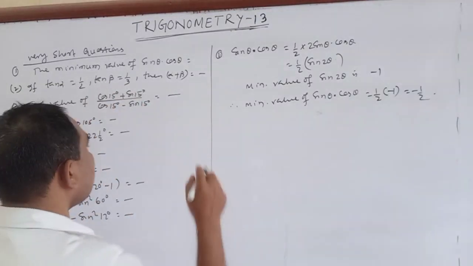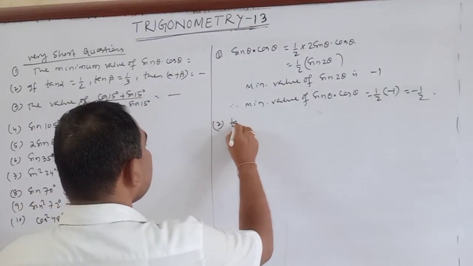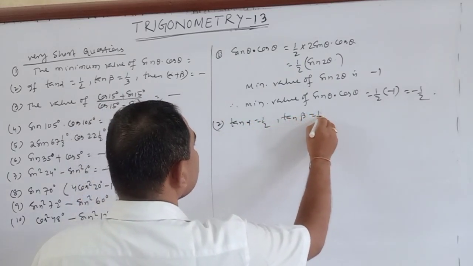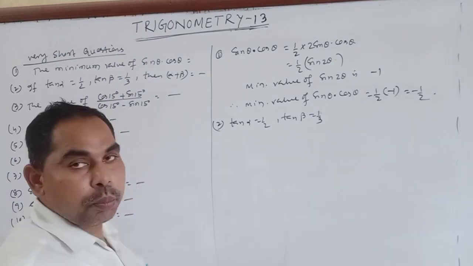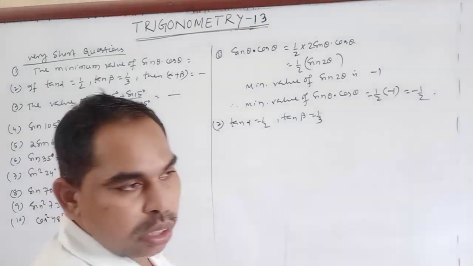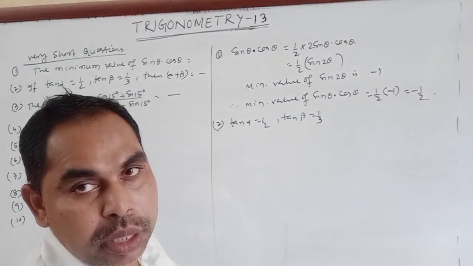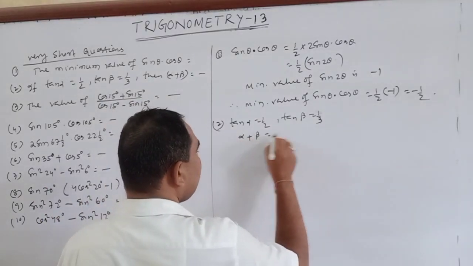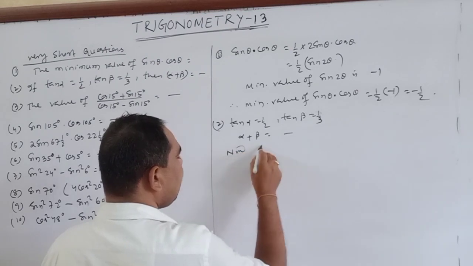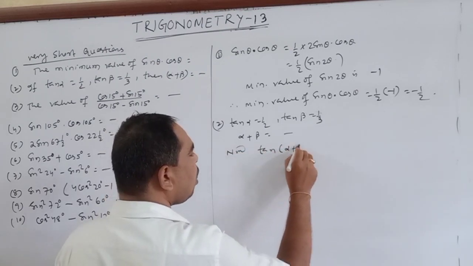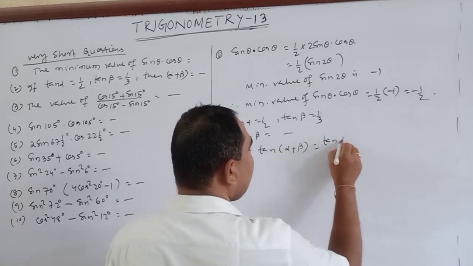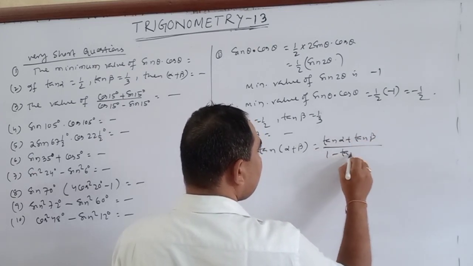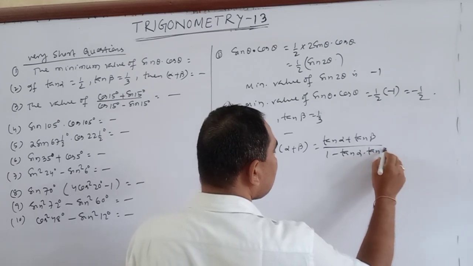Next, question number 2. Given tan alpha is equal to half, tan beta is equal to 1 by 3, what is the value of alpha plus beta? First find tan of alpha plus beta. Tan of alpha plus beta is equal to tan alpha plus tan beta divided by 1 minus tan alpha into tan beta.